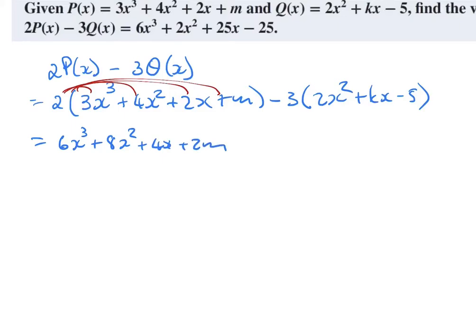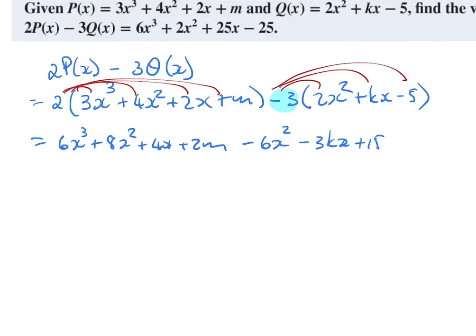But with this one, when I have negative 3, it's the negative 3 that needs to be multiplied with each one of those terms on the inside. So remember, it's negative 3. That will give us negative 6x squared. It will give us negative 3kx. And it will give us a negative 3 times a negative 5, which is plus 15.